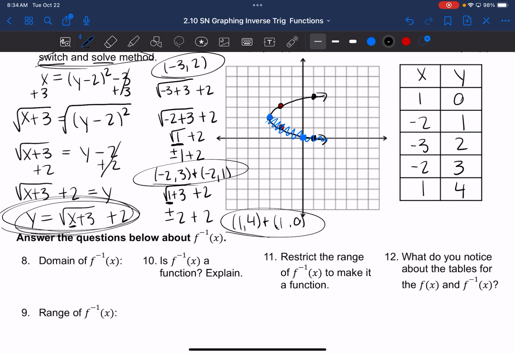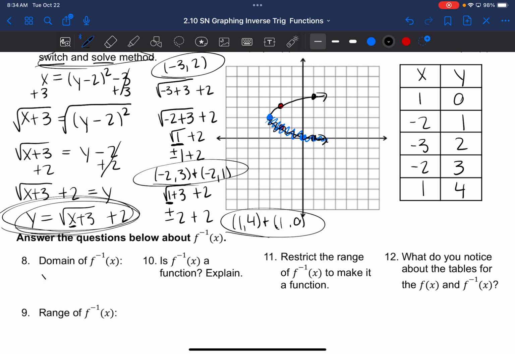what would you guys say that the domain of this picture is once I restrict, or even before I restrict, that piece off of the bottom? What's our domain in this picture? It goes to the right, but it's not continuous to the left, right? So what's the furthest that it goes over there? There we go.